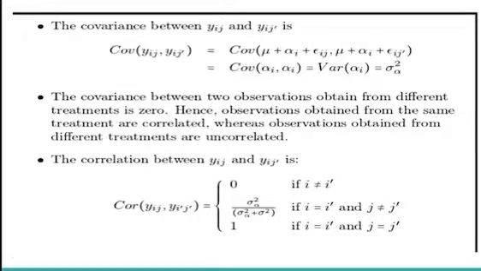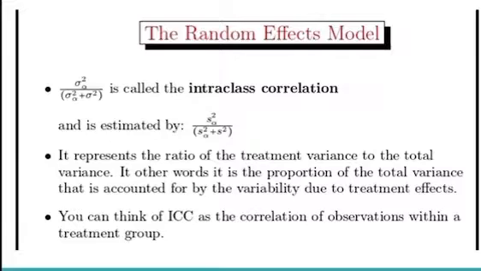And that's why what I'm showing you now is what we call the correlation. So which means in random effect, we actually compute correlation. And which means before you can compute correlation, you need the sigma square alpha and the sigma square. Now, we call that correlation the intra-class correlation.